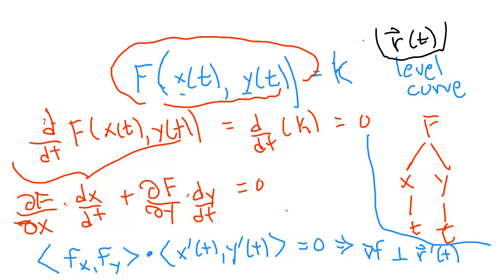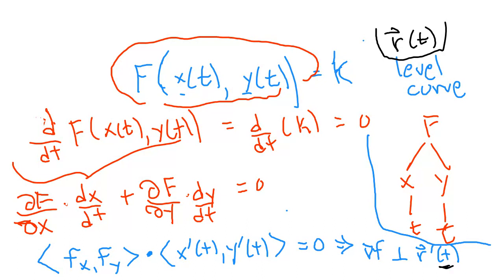So at some particular xy value, the level curve would point to that coordinate for a certain value of t.